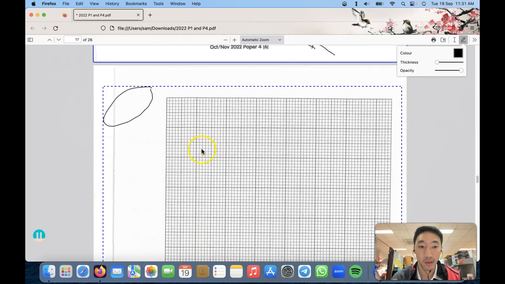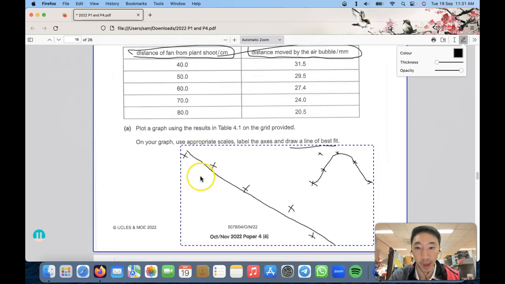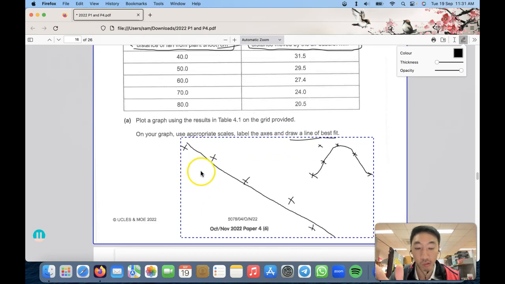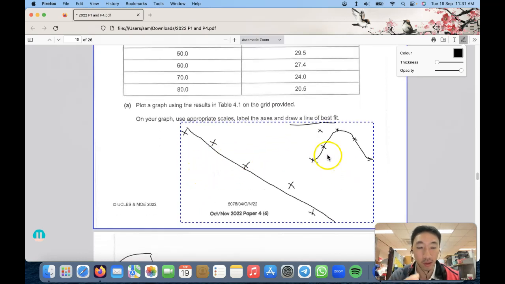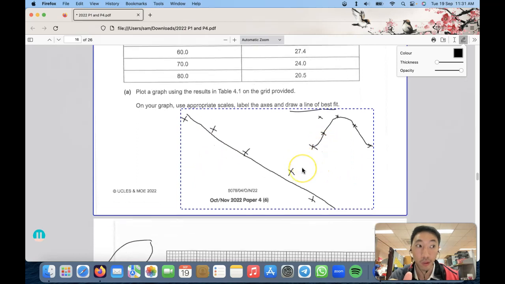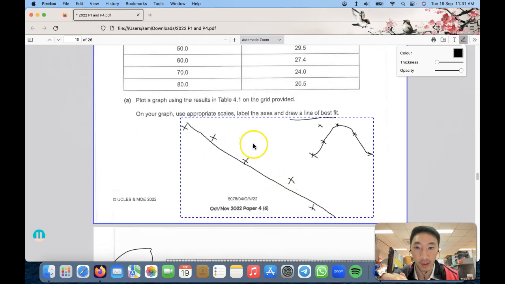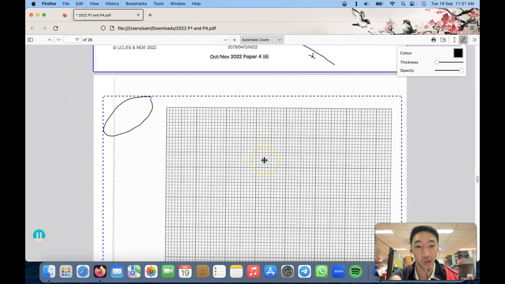So S stands for size, L stands for best fit line that is not extrapolated, ignores abnormalities and is smooth. That means if it's a straight line, it's not like mine, this very ugly straight line. It's actually a ruler straight line. If it's a curve, it's a nice smooth curve. Then for the plots, it means that all the points must be plotted in the correct position.